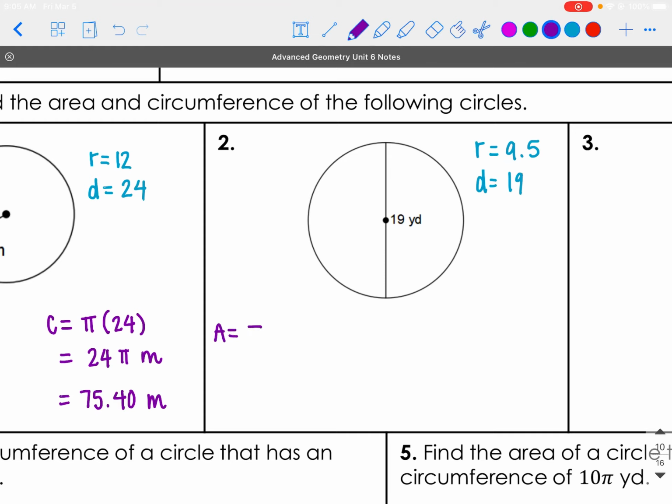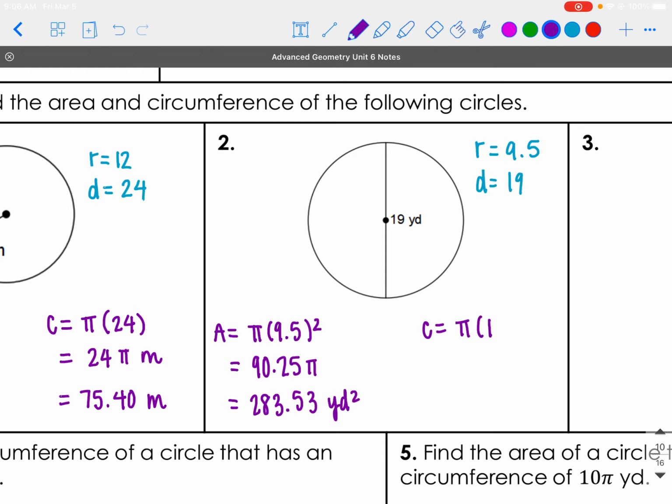So area, pi times r squared, and that would be 90.25 pi. Or if we actually multiply that out, we get 283.53 yards squared.